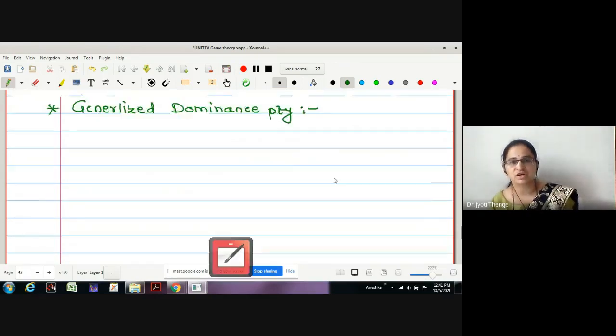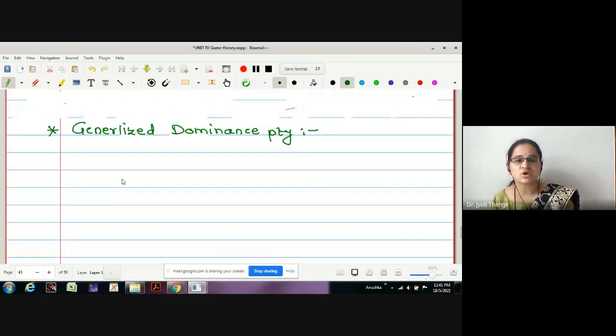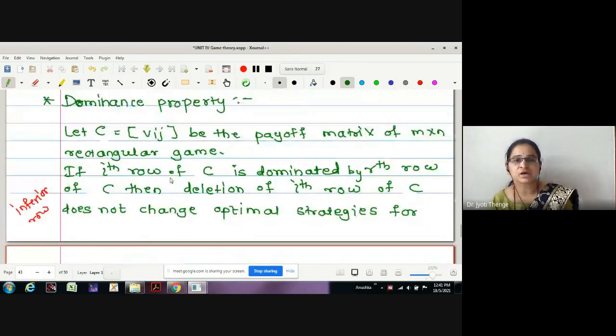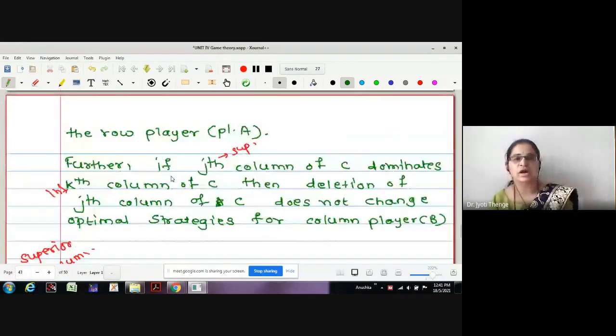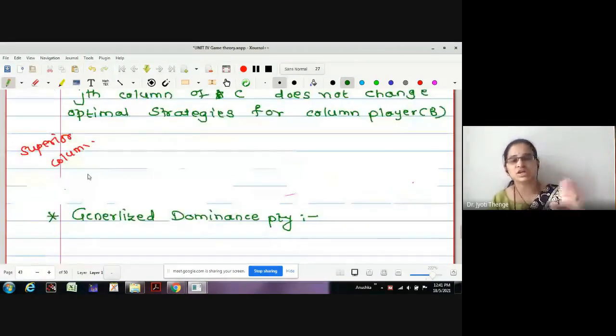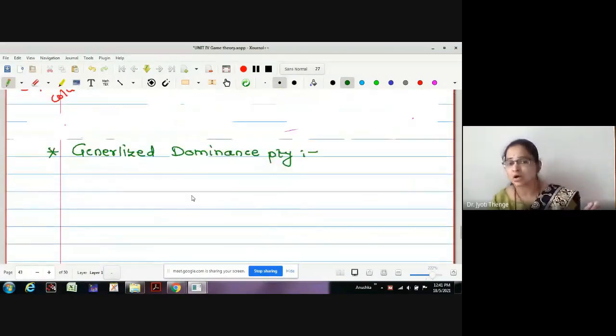Generalized dominance. Now in this dominance property, what have we written? Whatever the corresponding two rows we were opting, we were going to find inferior and superior, and we were just deleting the inferior row, and whatever inferior and superior columns we were finding, we were just deleting the superior columns.